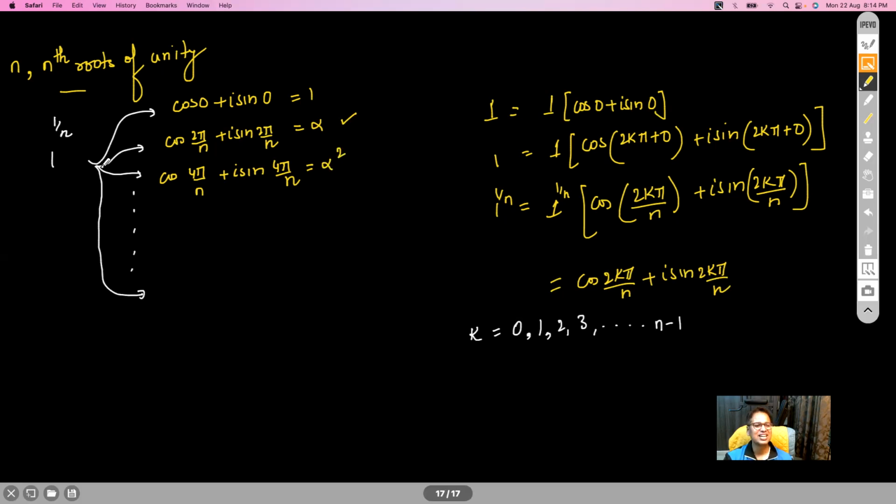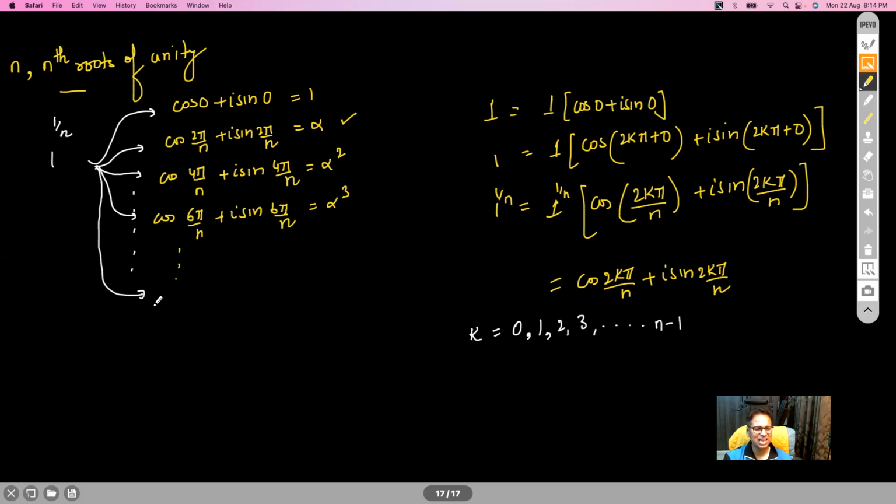Okay. Right, and similarly, the next root will be, I'm just writing a few more so that you get an idea, cos 6 pi by n plus i sin 6 pi by n. Now, if this is alpha, what should this guy be called? Alpha cubed, right? Absolutely. Okay.